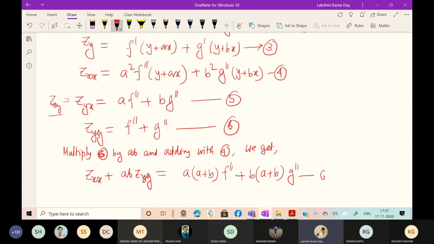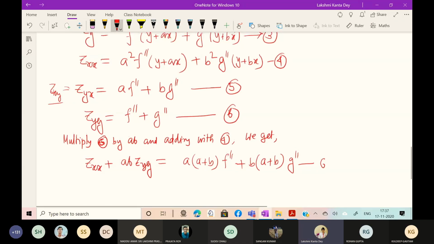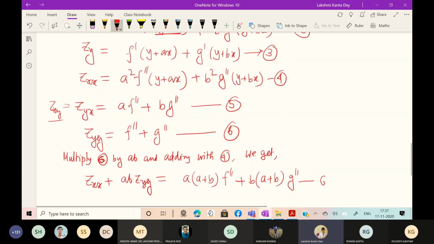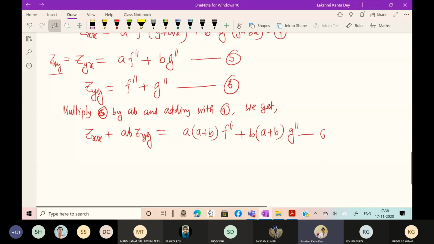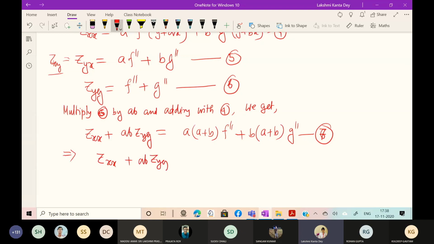Ultimately, Zxx plus AB Zyy, this is your 7. Next, we can write Zxx plus AB Zyy minus A plus B into Zxy. What will it be?